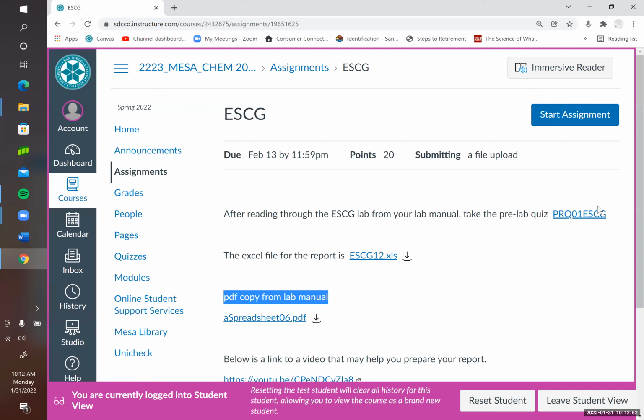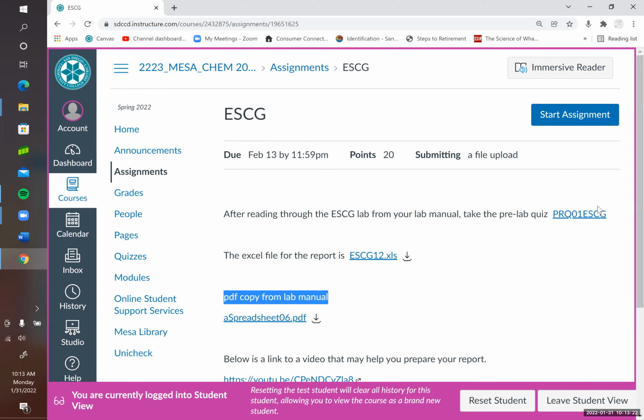They're made up, and I'm starting to incorporate these into the class just to help you understand what's going on when you get to lab and not be lost. Okay, so yeah, before you come to lab, of course, you want to read the lab and be prepared. So in order to help you do that, I have these quizzes.